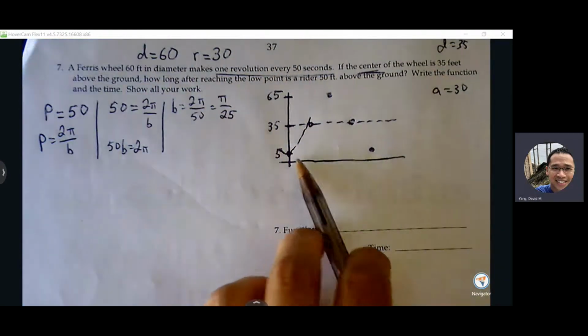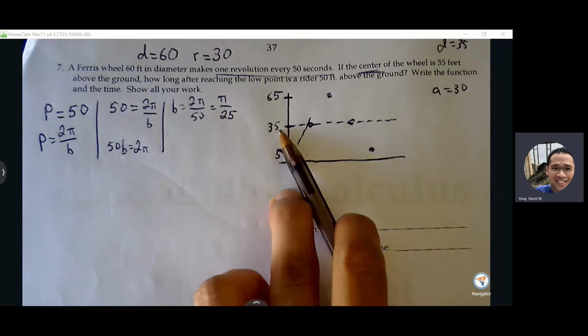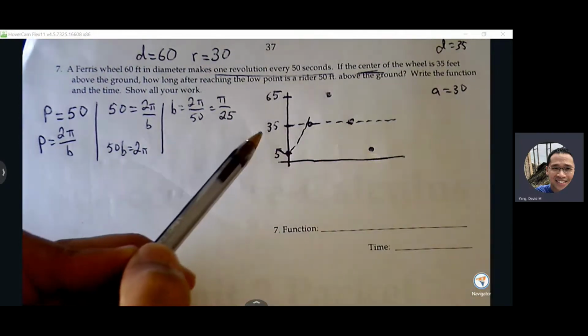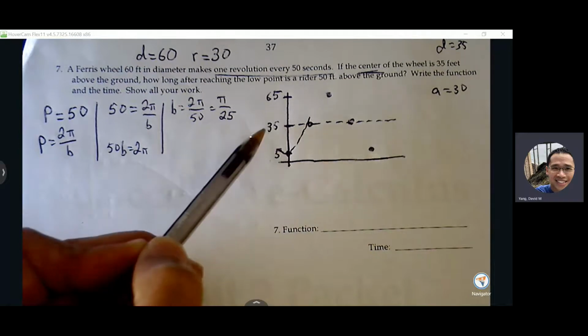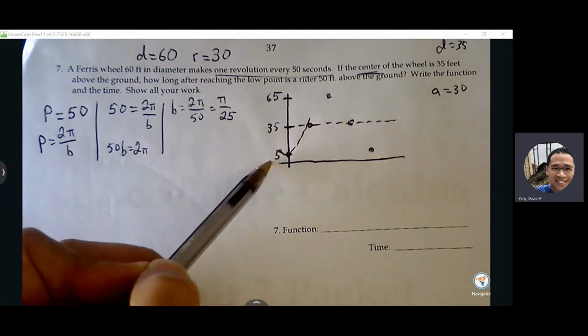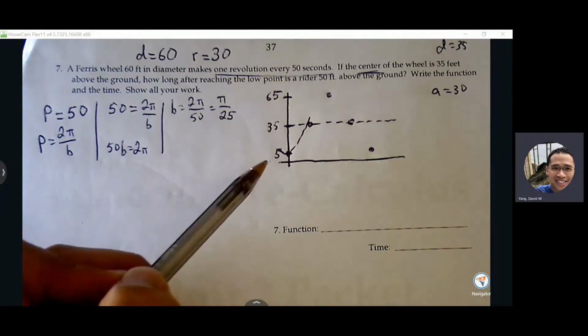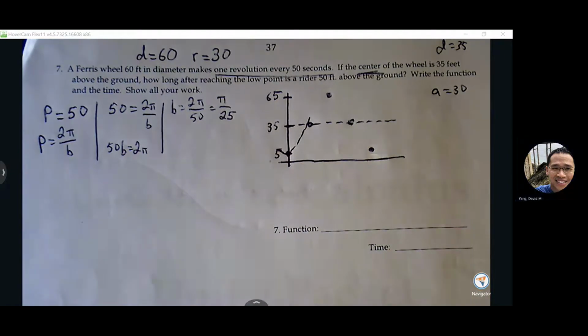I got the 5 from the fact that my A value is 30. And so the distance to the minimum is going to be the D value minus the amplitude. Because everything's symmetrical, right? I'm going to have the same distance from the midline to the max that it is from midline to the minimum.